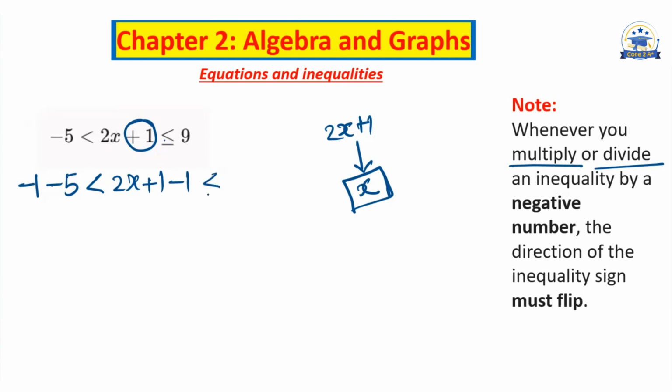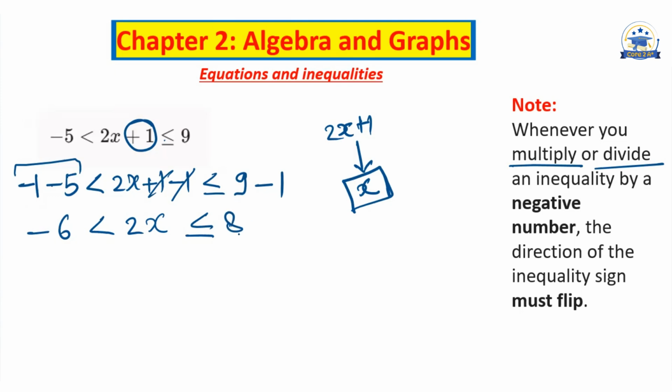Less than or equal, 9 minus 1. So the value negative 5 minus 1, how much is it? Negative 6. Plus 1 minus 1, only 2x. Okay, that's great. Less than or equal 9 minus 1, 8. Okay, are you getting it so far?